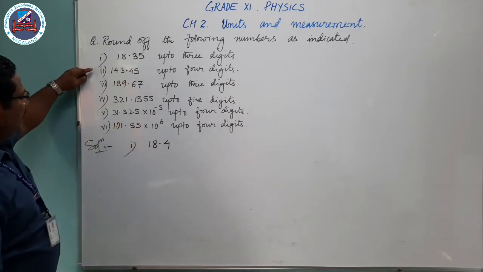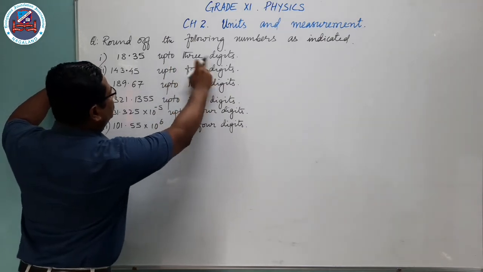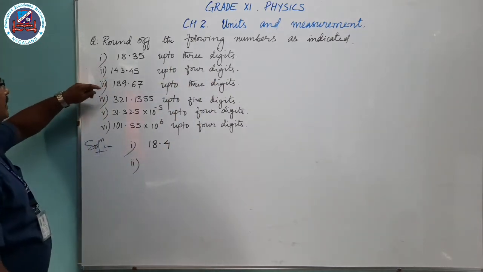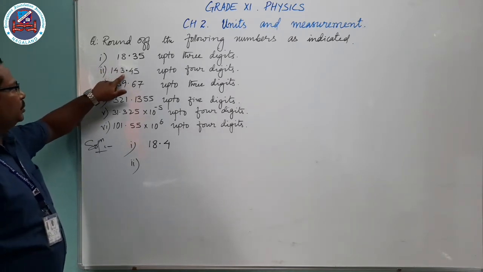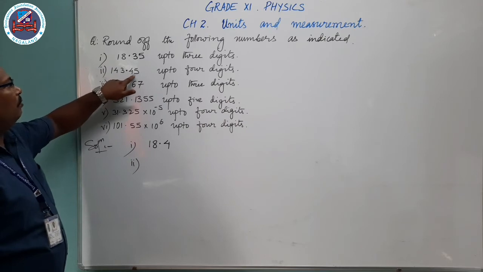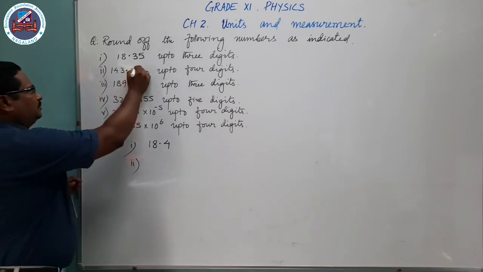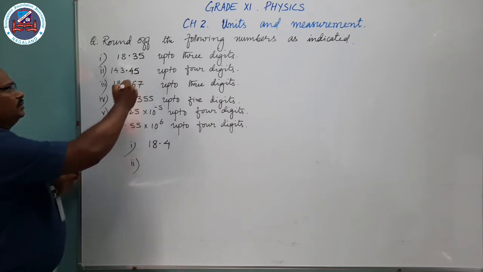Then let us see the second one. This is 3 digits, 1, 2, 3. We have done up to 3 digits. In this case, somewhat similar to the earlier one, 143.45, there is nothing after the 5, it is 0. The number to be dropped is 5, and in front of it you can see an even number.